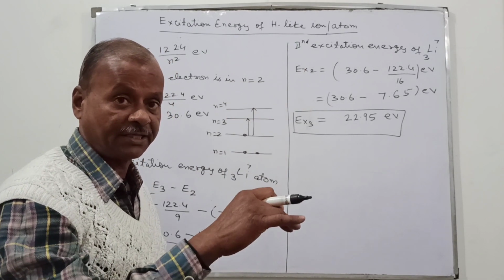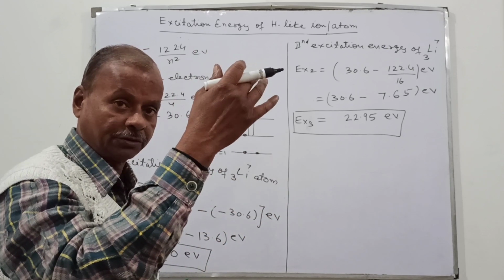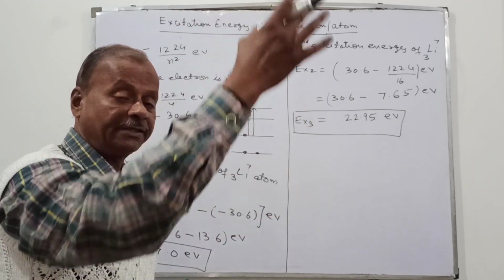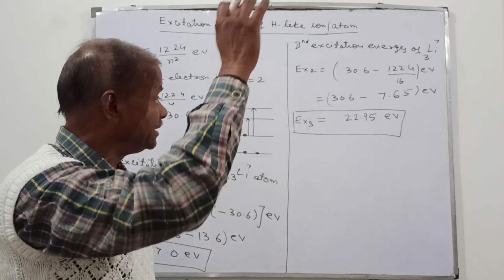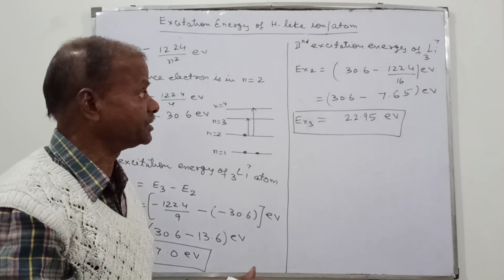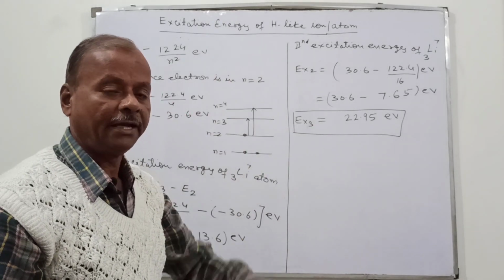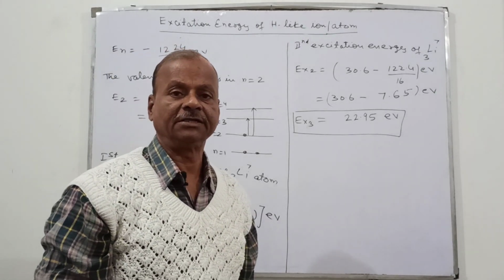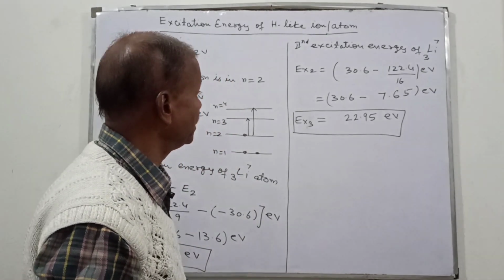Suppose balanced energy state is the 3, then 3 to 4, 3 to 5, 3 to 6. Now that will be the excitation energy, first, second and third. So like that you can calculate the excitation energy of the hydrogen-like ions and hydrogen-like atoms. So this is about the excitation energy of these hydrogen-like ions or atoms.